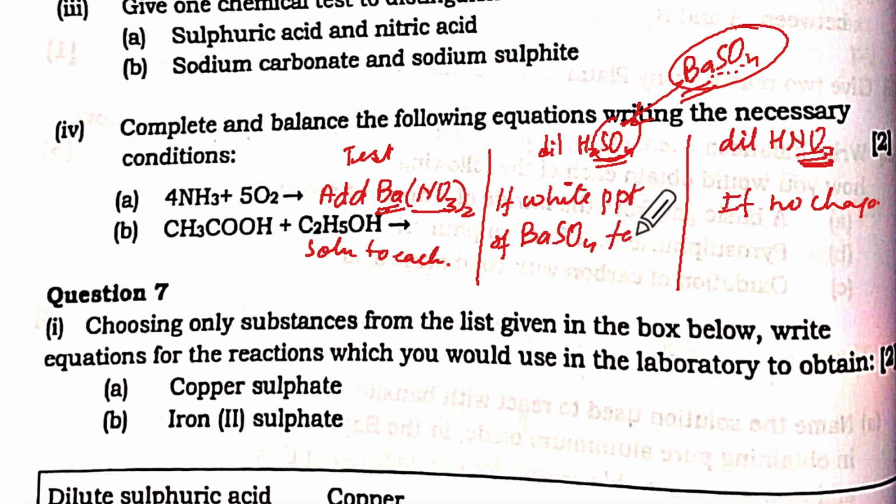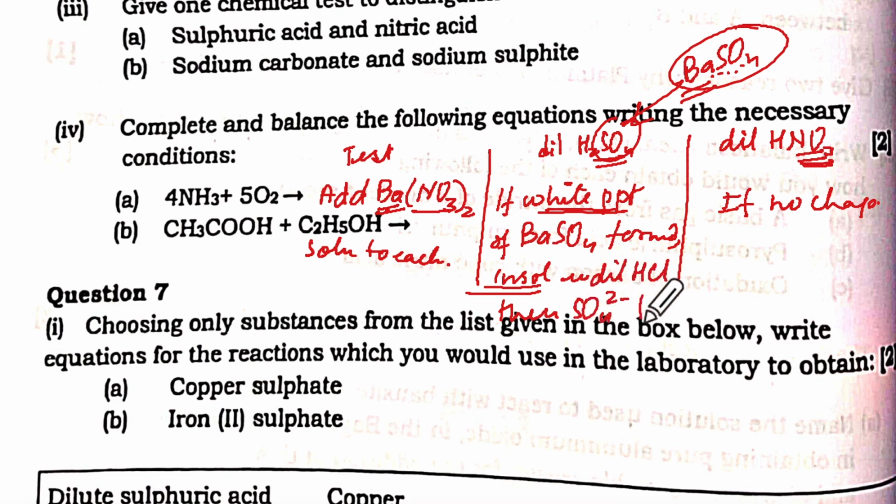BaSO4 formed, insol, double underline insol and white, insol in dilute HCl. Actually all mineral acids will make it insoluble only. So dilute acid, then SO4 2 minus present.